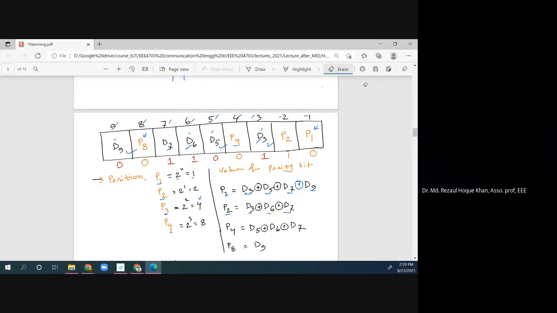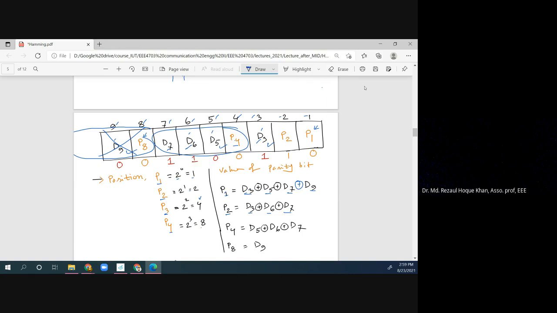For P4, same thing: check 4, skip 4. So D5, D6, D7. There is no extra bit here.